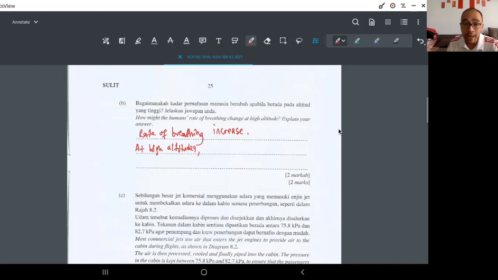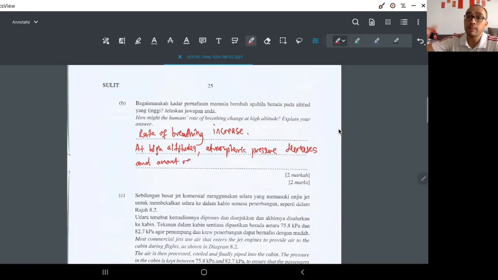Okay, so at high altitudes, atmospheric pressure decreases, and the amount of oxygen decreases also.